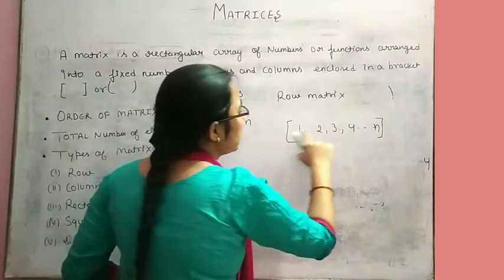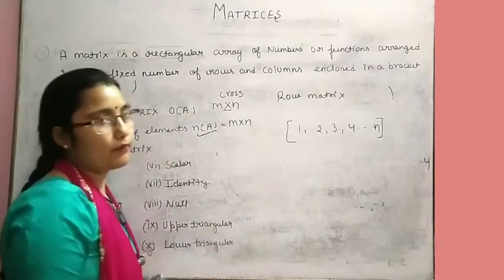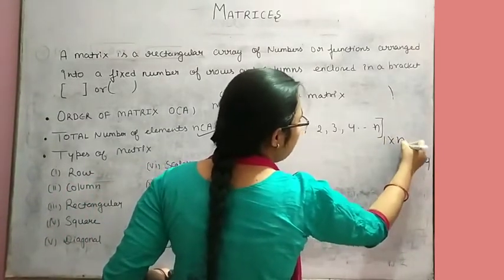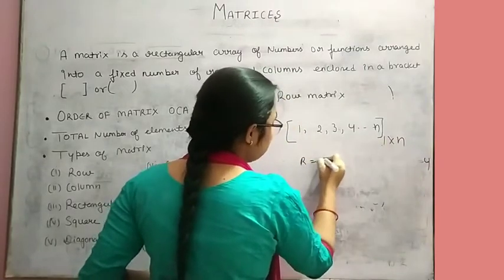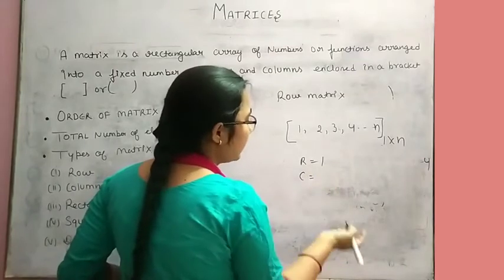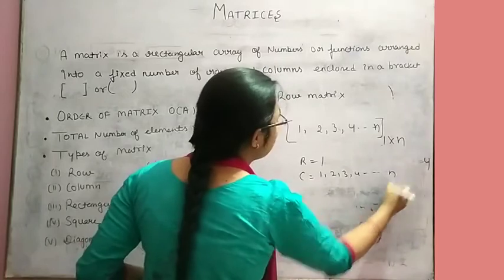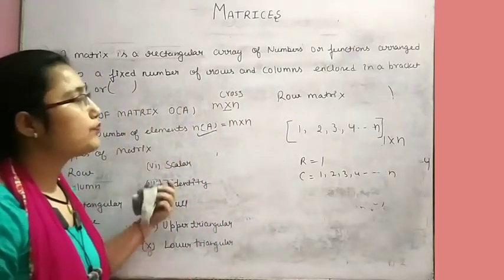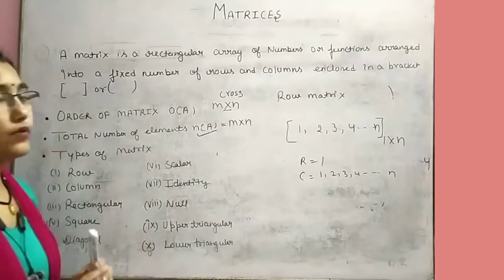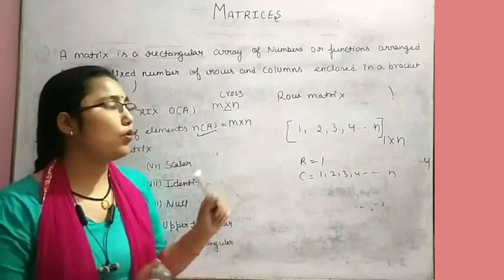Here the number of rows is fixed, but there are multiple columns. So this is 1 cross n. Rows is always fixed equal to 1, but the columns are variable, maybe 1, 2, 3, 4 and so on up to n. So a matrix which has only one row is known as a row matrix.